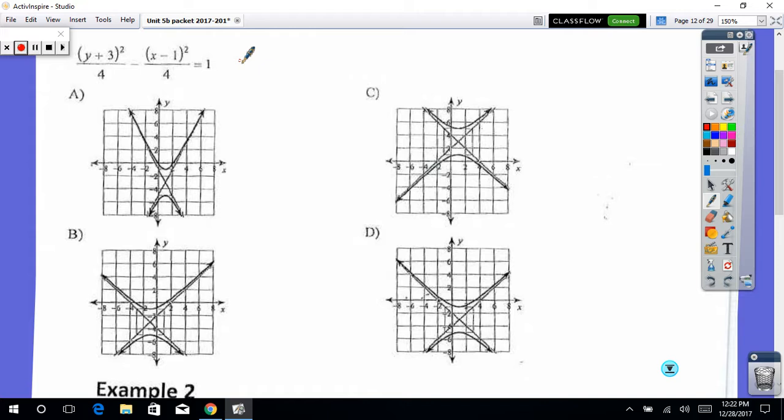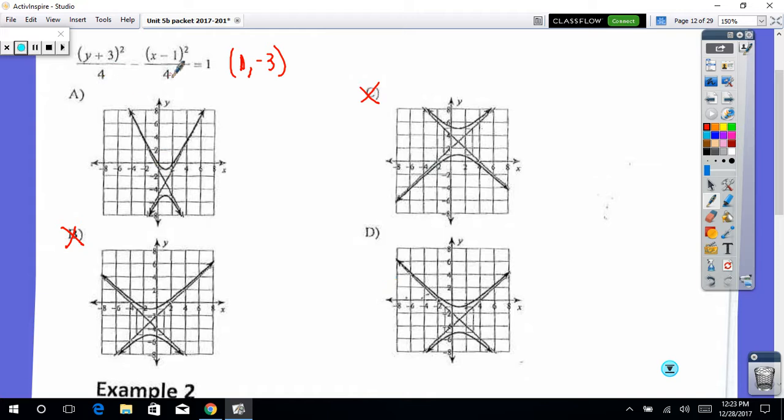My x is positive 1, and my y is negative 3. So I'm looking for a center at 1, negative 3. So he's good. That's 1, positive 3. That is negative 1, negative 3. And this one is 1, negative 3, so he can stay.